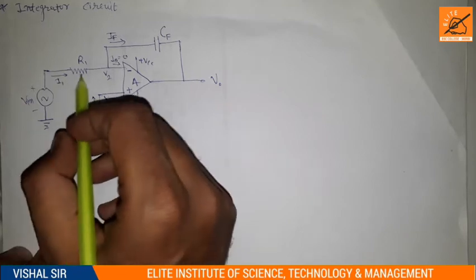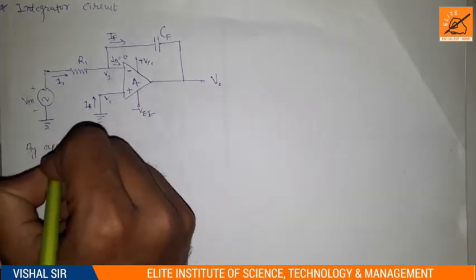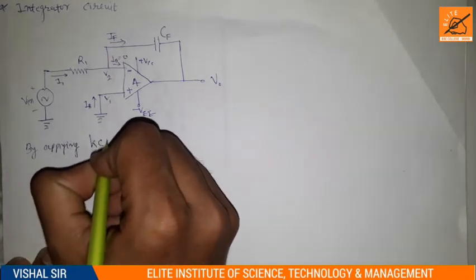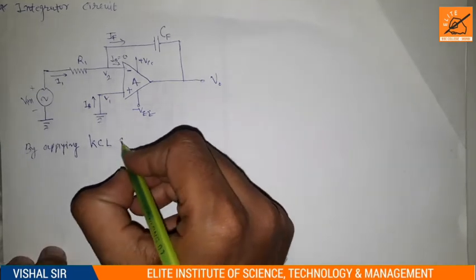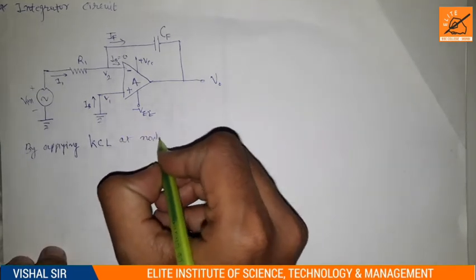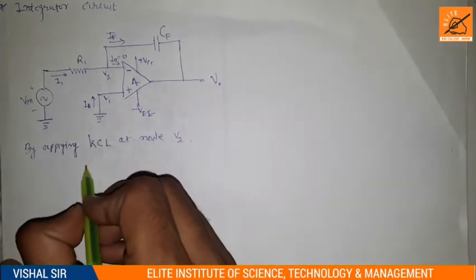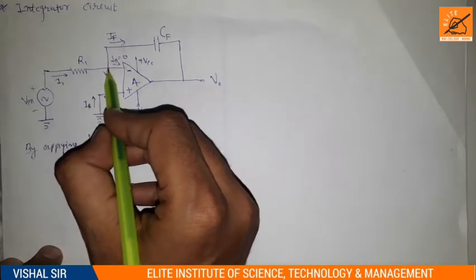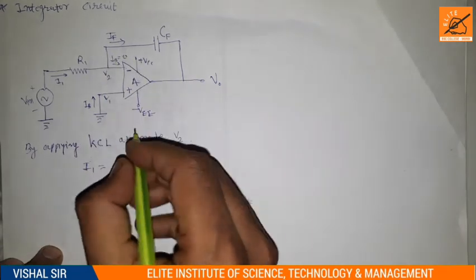By applying KCL, it means Kirchhoff's current law, at node V2, we get I1 is equal to IF plus IB.